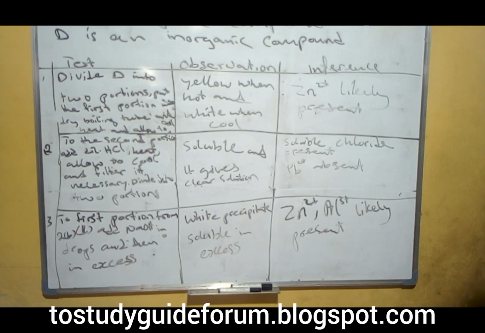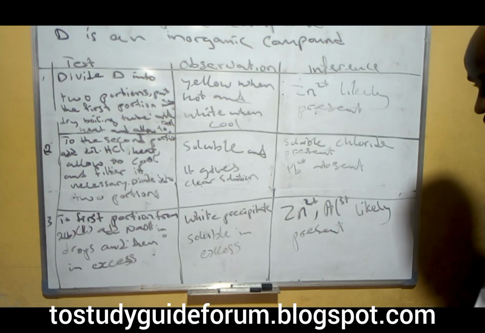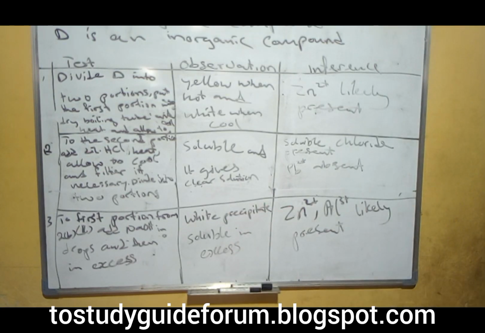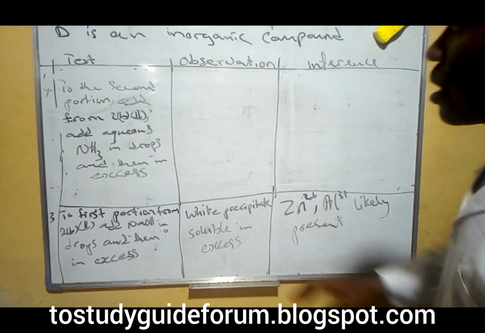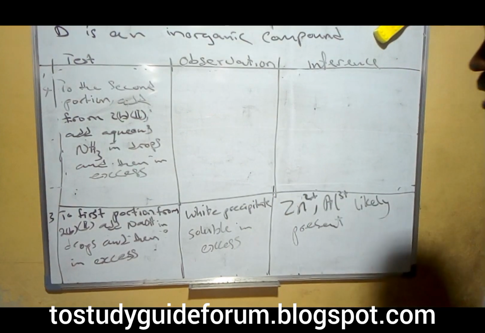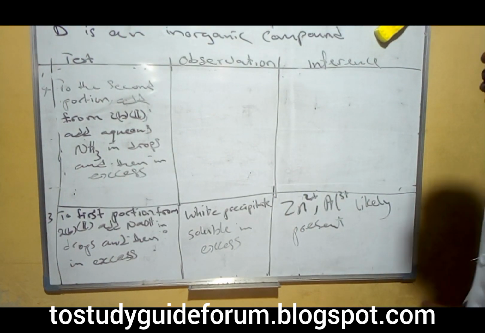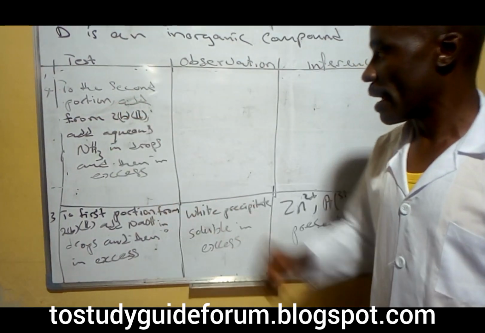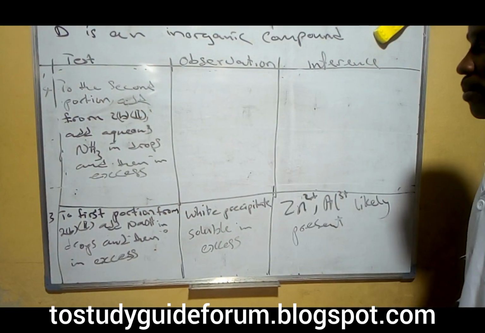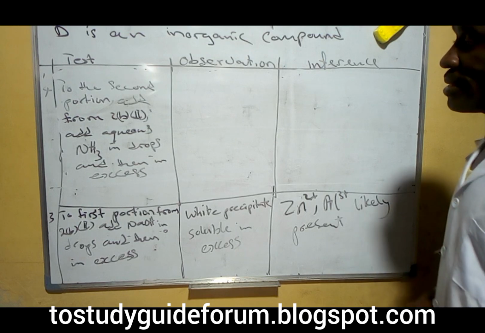The next one is the last question, the second portion. To the second portion from the same 2BII, you add aqueous ammonia in drops and then in excess.